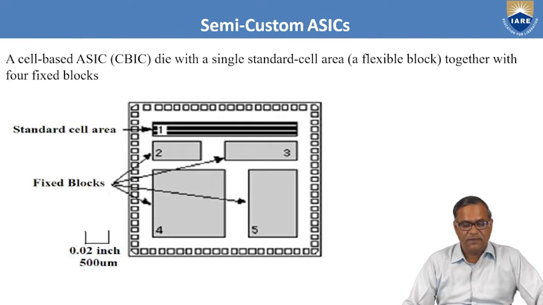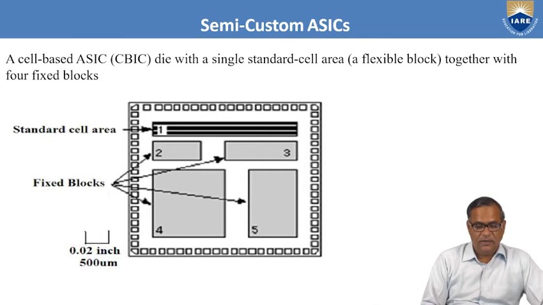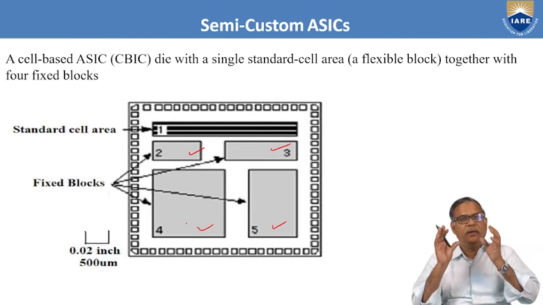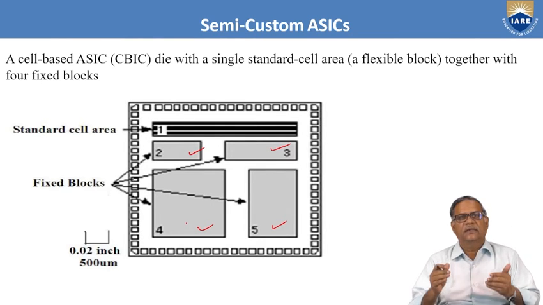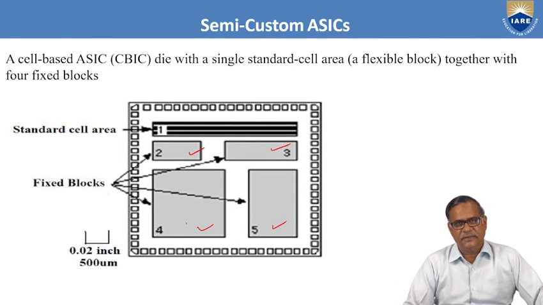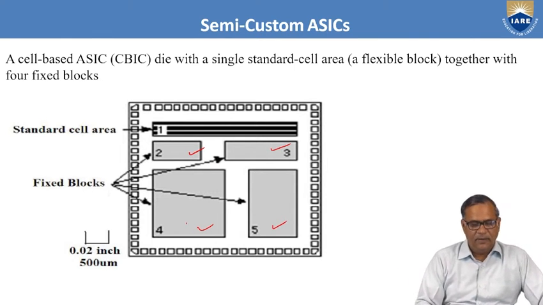Now this is the structure of a standard cell based ASIC. A cell-based ASIC is also called a CBIC, and this is an example of a semi-custom ASIC. Here you see these fixed blocks 2, 3, 4, 5. These can be AND gates, OR gates, microprocessors or microcontrollers, which are taken from the standard libraries.